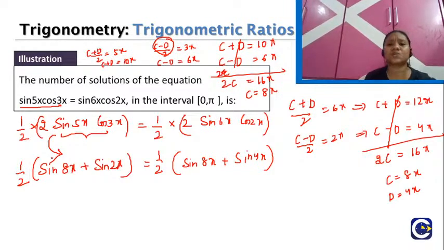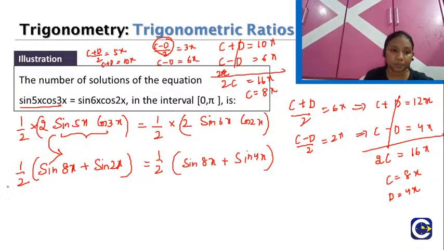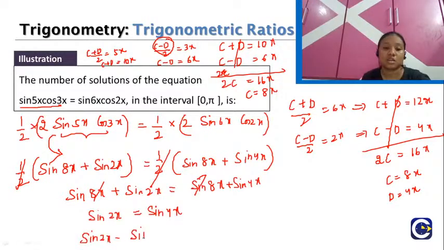Right, so now the next one is simply solving it and applying our general equations or principal form, any of it. So this 1 by 2 and 1 by 2 will get cancelled and it will be sine 8x plus sine 2x, sine 4x is equal to 0, and we can apply our formula again here.